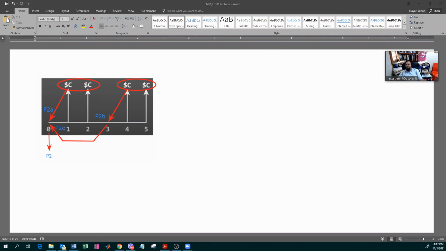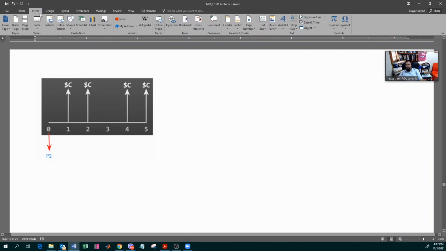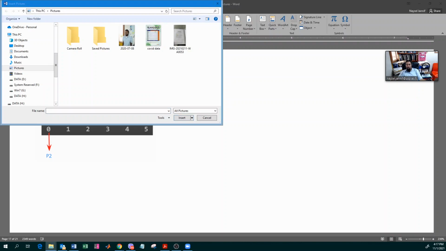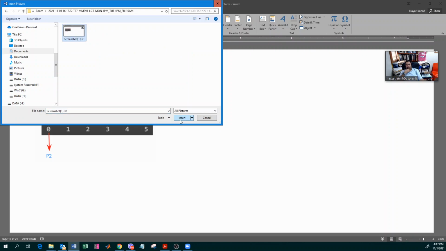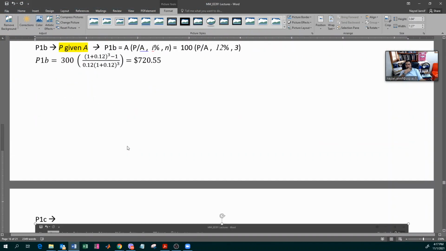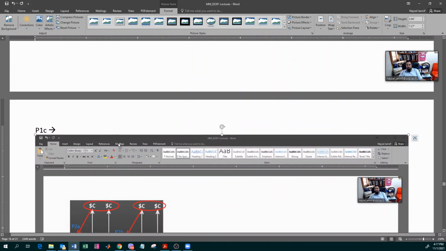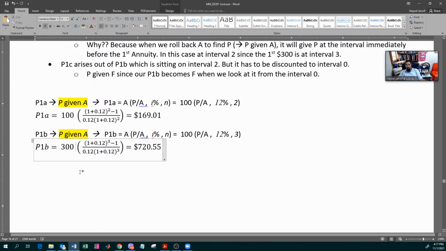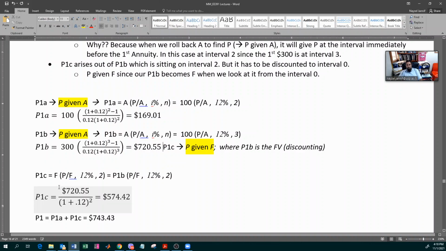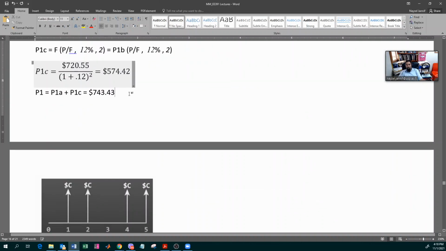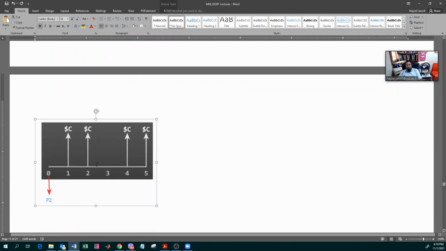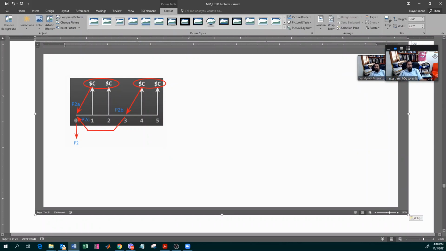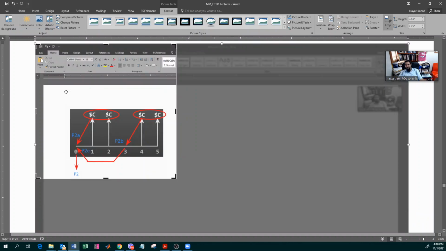Right, let me just save this diagram, save this picture. Please bear with me, I'm just using whatever tools I have at my disposal.